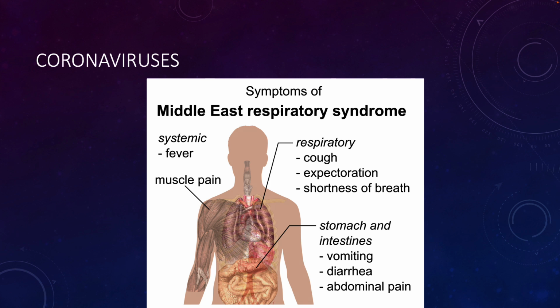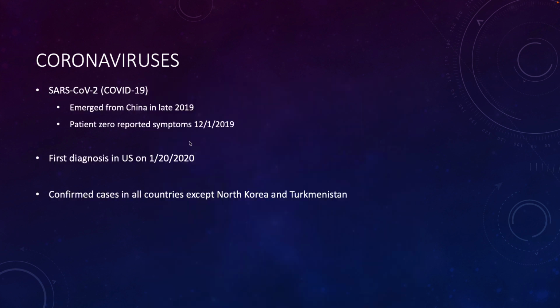Okay, I don't know how much I need to tell you about our next virus because you've been living through it, but here it is. SARS coronavirus number 2 causes a disease that we call COVID-19, coronavirus disease in 2019. It emerged from China in late 2019. Patient 0 reported symptoms on December 1st of 2019.